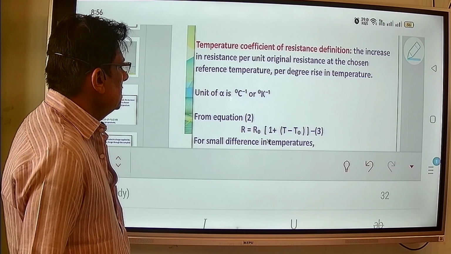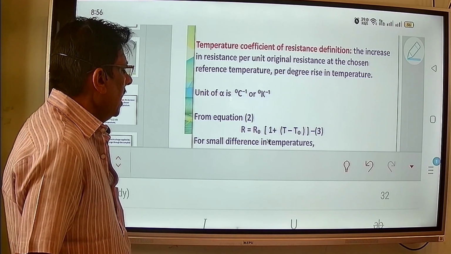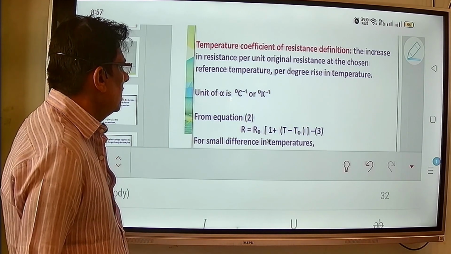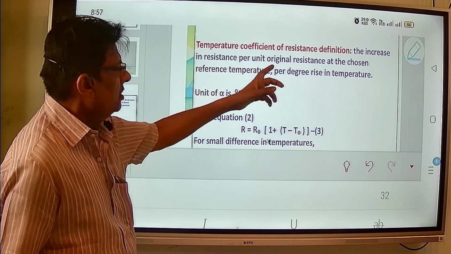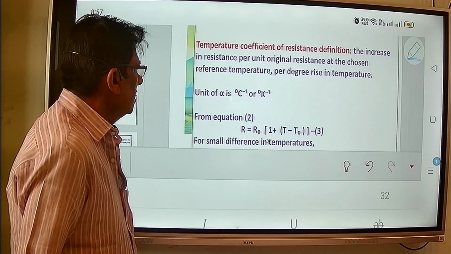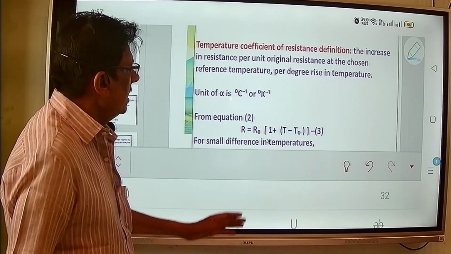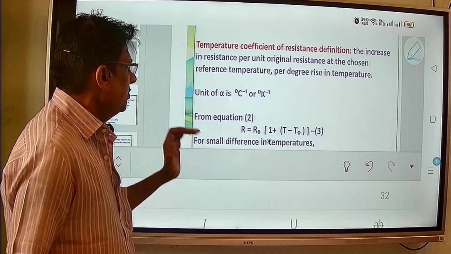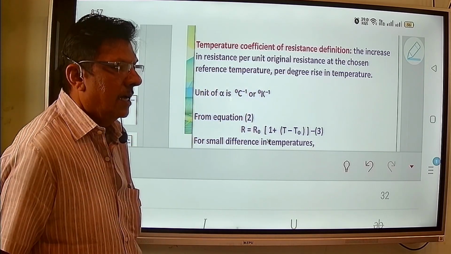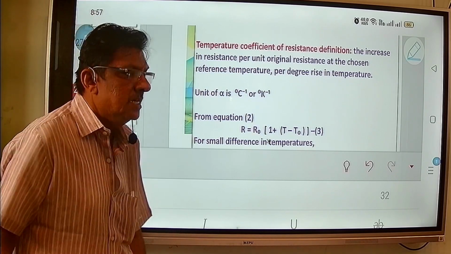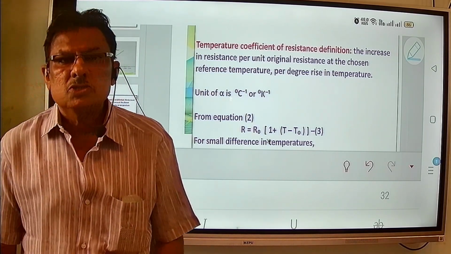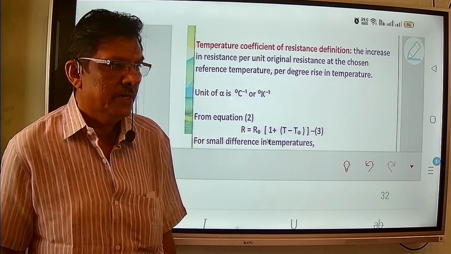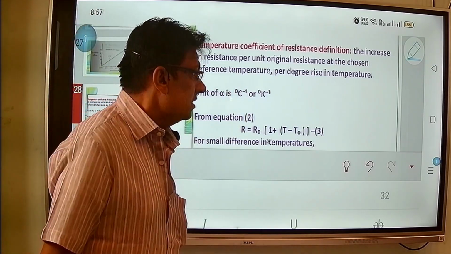Now this R minus R0, or rho minus rho 0, is known as the change in resistance per unit original resistance, taken at the chosen temperature and per degree rise in temperature, that is T minus T0. So simple it is.